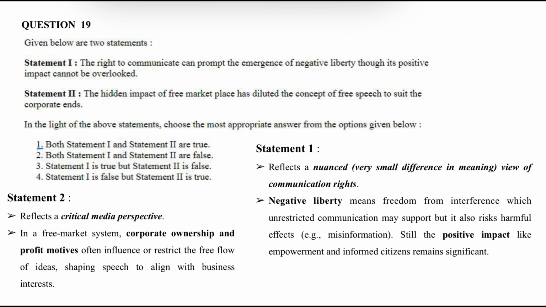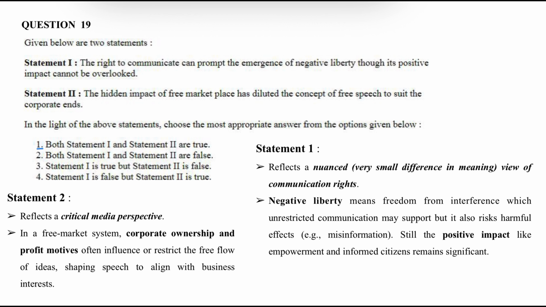Next question. Given below are two statements. Statement 1. A right to communicate can prompt the emergence of negative liberty though its positive impact cannot be overlooked. Statement 2. The hidden impact of free marketplace has diluted the concept of free speech to suit the corporate ends. In the light of the above statements, choose the most appropriate answer from the options given below.